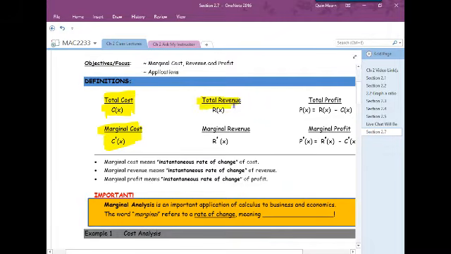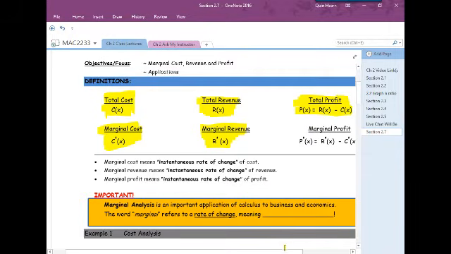Total revenue is represented with R of X. That's the amount of money that you take in to your coffers, your cash register. And the rate at which that is changing is R prime of X. To figure out your profit in business, you always want to subtract the revenue, the amount you bring into the cash register, minus the costs that you had to pay out, like your rent and so forth.